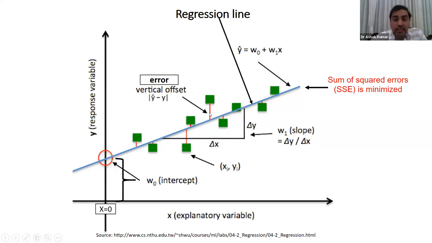When we square these distances and sum them, if we draw another line here, maybe this line, maybe that line, for this line the sum of squares is minimum. It means there is minimum error.